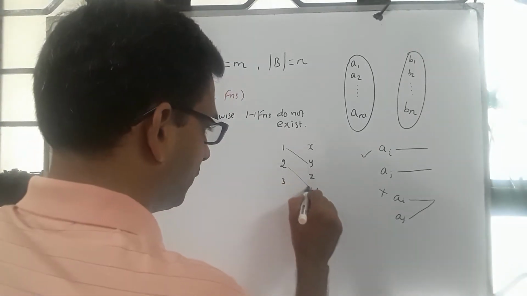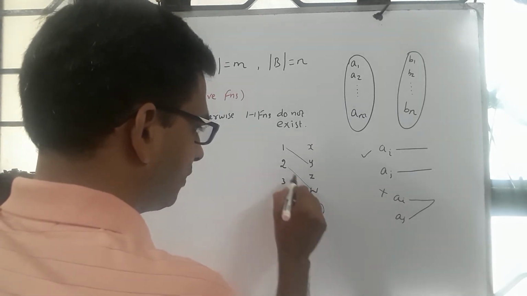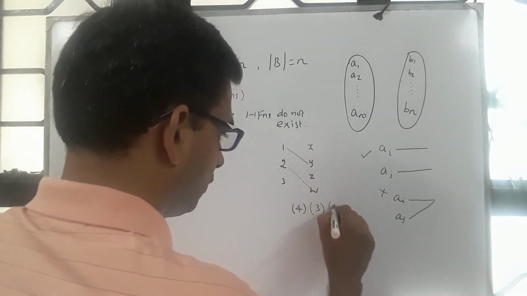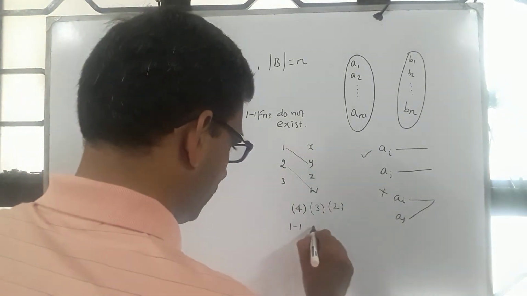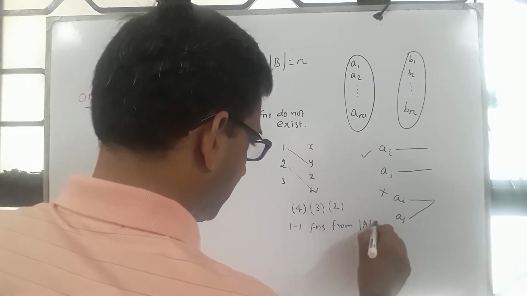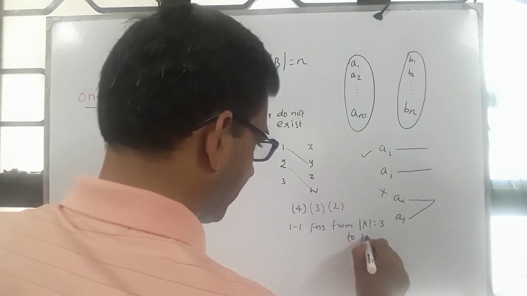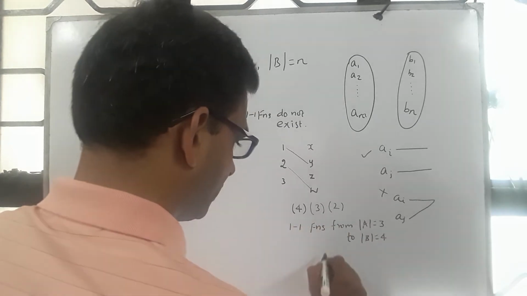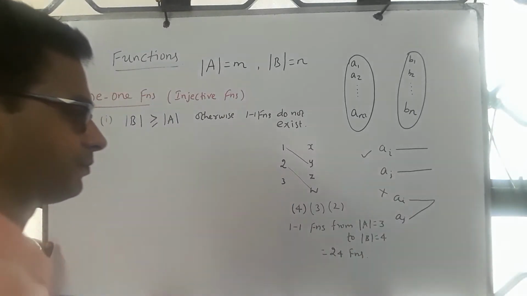Let's assume 2 is mapped to w. Now 3 cannot be mapped to the image of 2 or the image of 1. So it has got 2 possibilities. So the number of one-to-one functions from cardinality 3 to cardinality 4 sized sets is precisely this number, that's basically 24 functions.